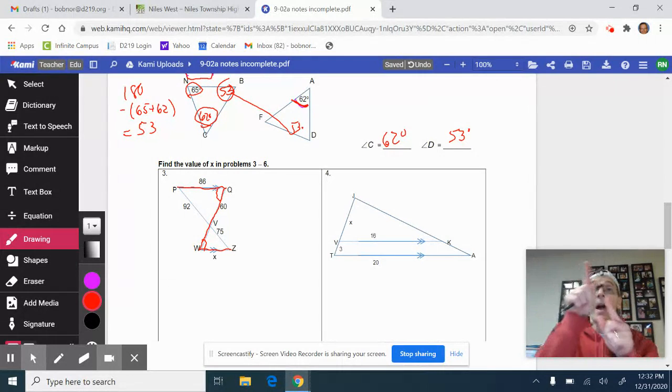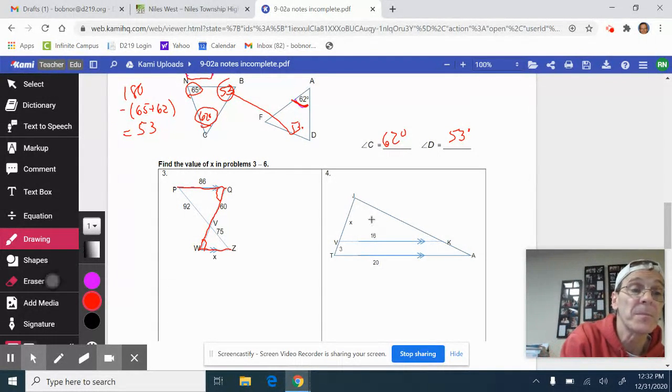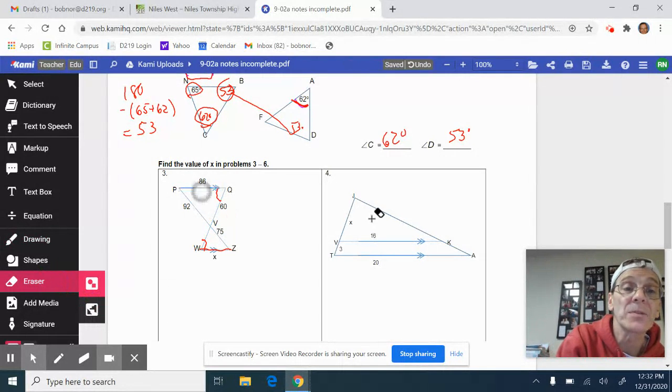Alternate because they're on opposite sides of the transversal, and interior because those angles are in between the parallel lines as opposed to outside of the parallel lines, right? You got parallel lines connected by a transversal. You got two acute angles there. They must be congruent to each other, okay? So those angles are congruent.